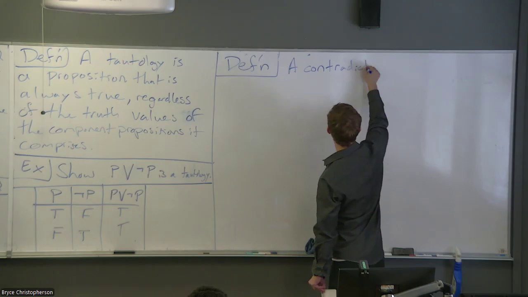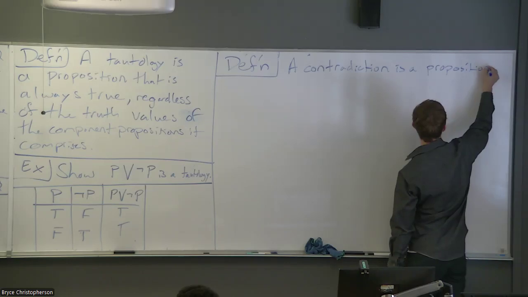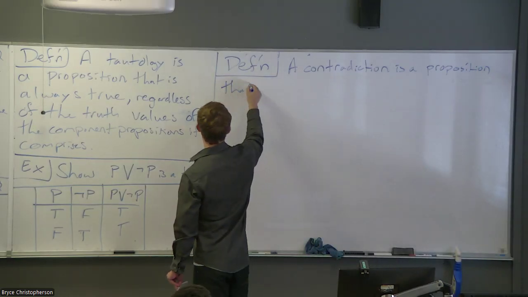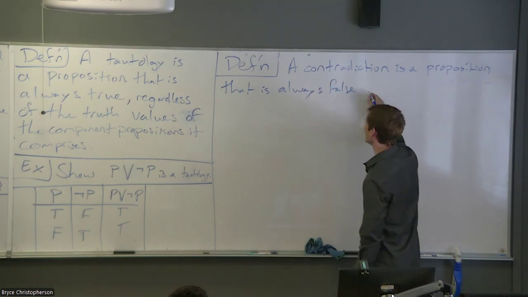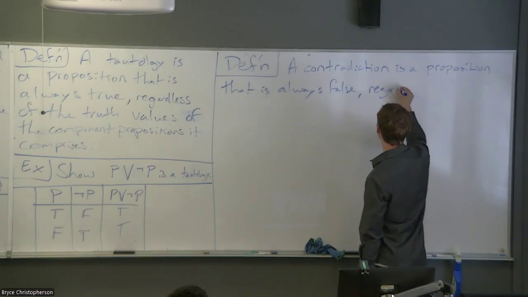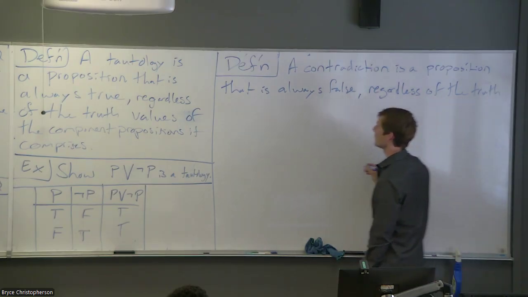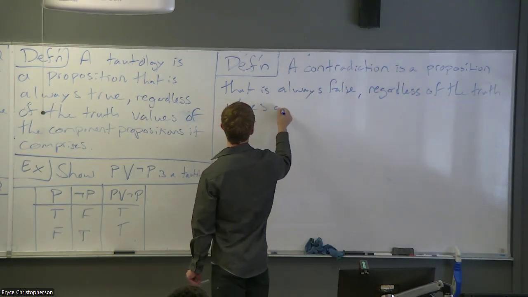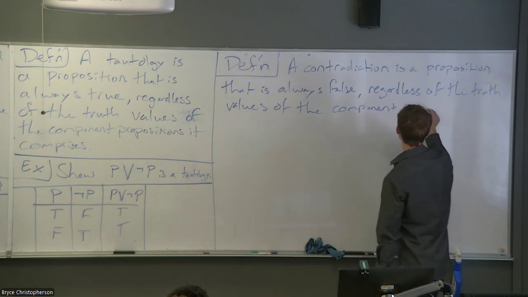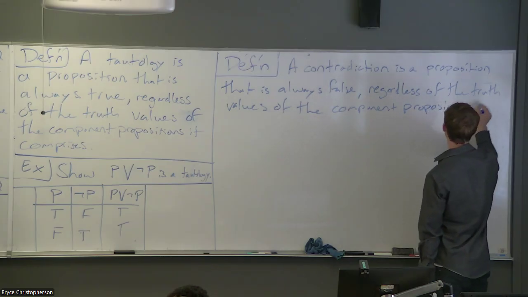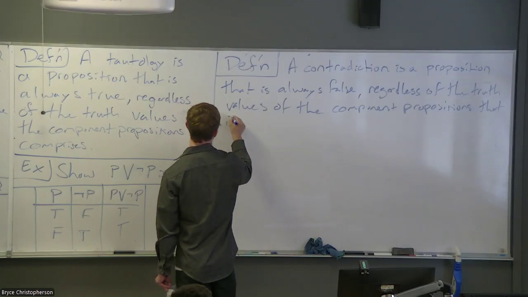A contradiction is a proposition that is always false, regardless of the truth values of the component propositions it comprises.